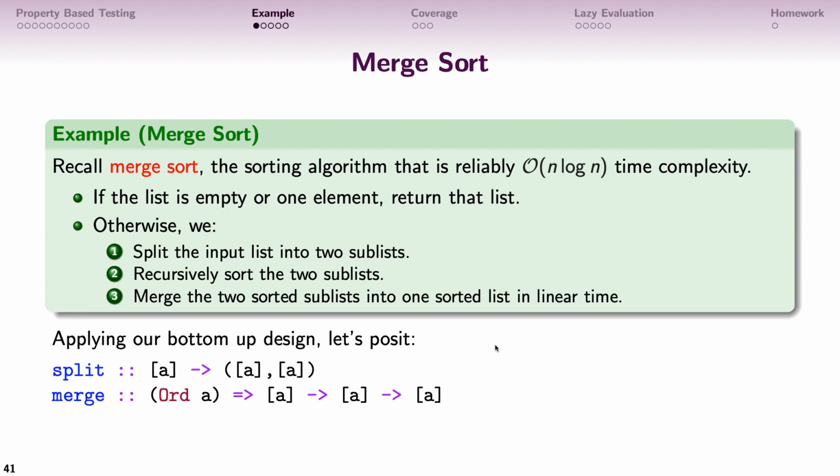So there's three steps: split the list, recursively sort, and then merge. So let's do our bottom-up design approach and posit that we'll have a split function that is given the list and returns the two halves of the list, and then merge, which will assume that they're ordered in some way, take the two lists and put them together in an ordering.